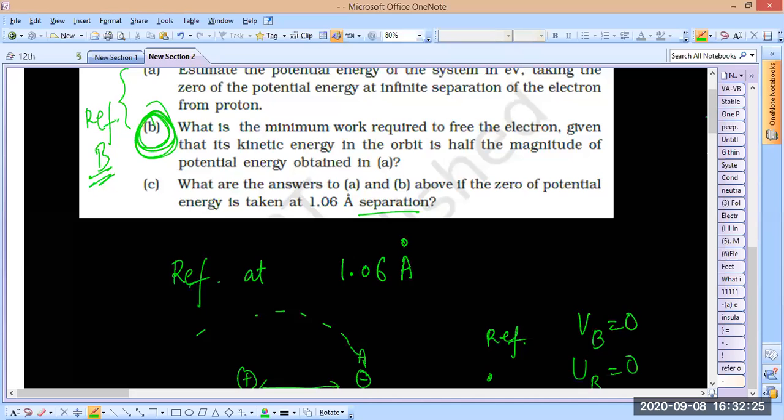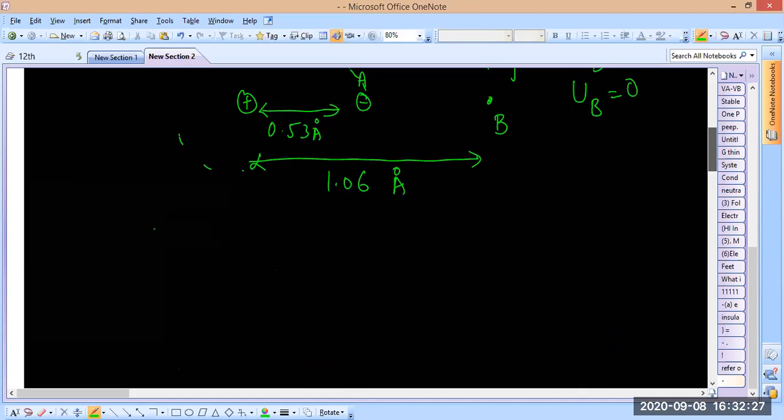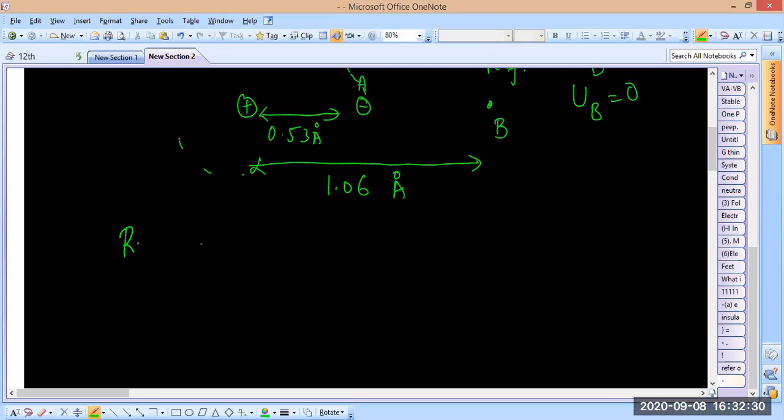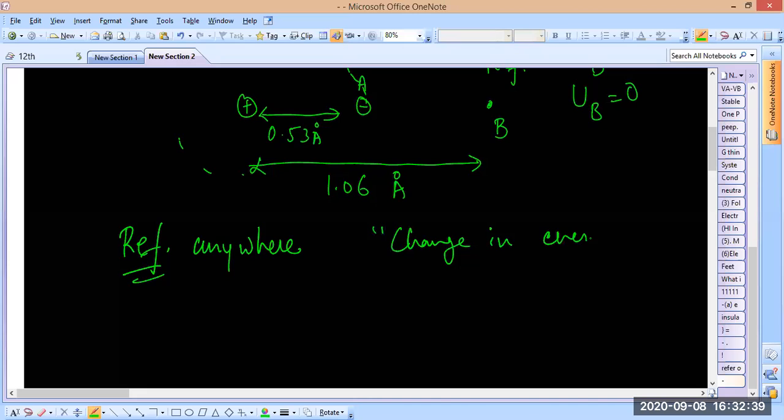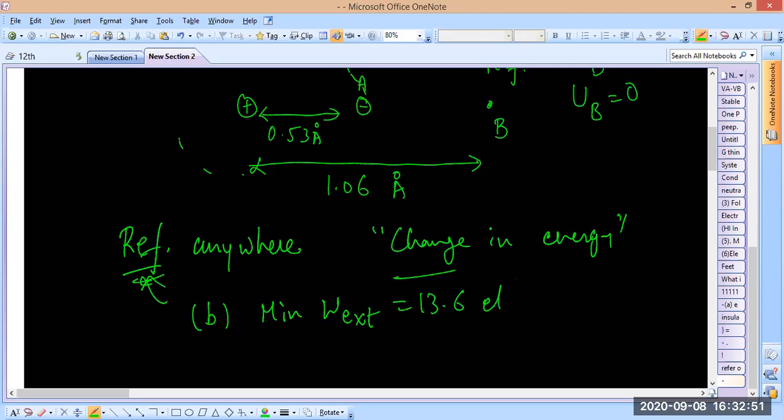I hope all of you remember that you can take reference anywhere, but the change in potential energy, or change in any kind of energy, will not depend on reference. So that's why the answer of B will be same. Is this clear? Yes or no?